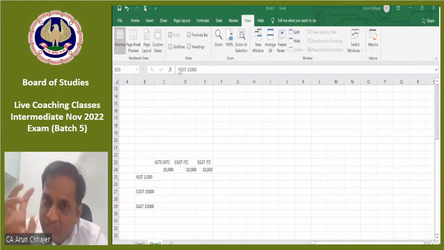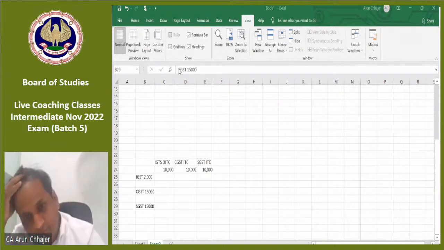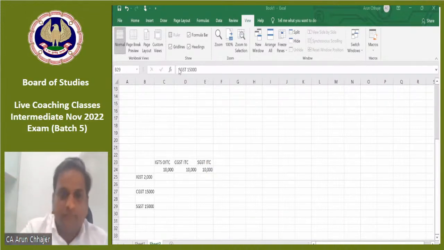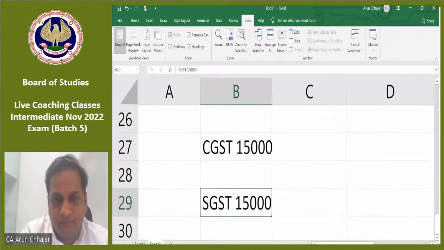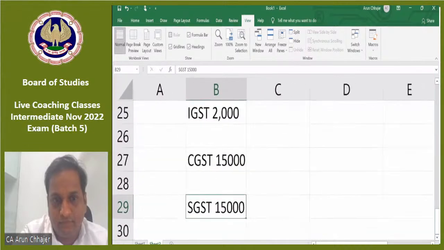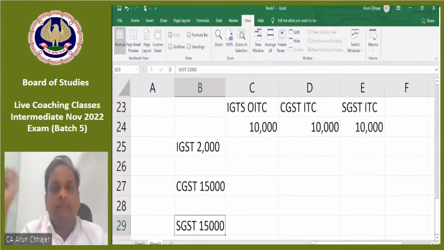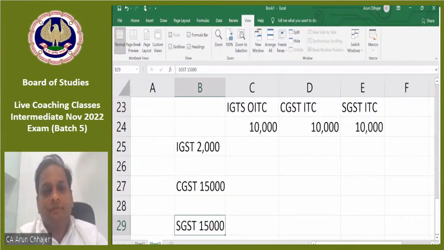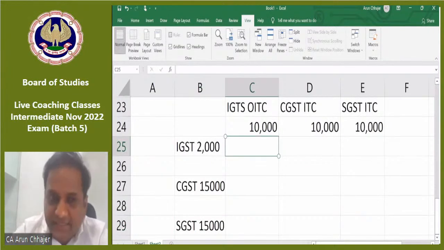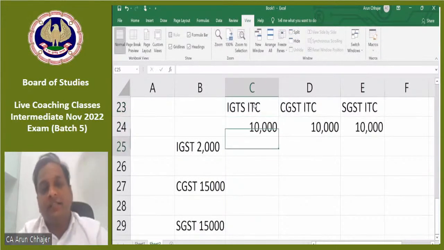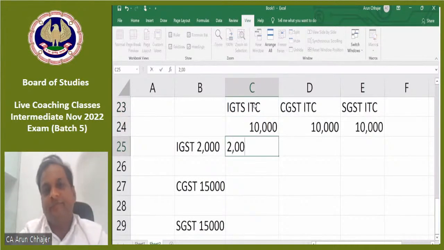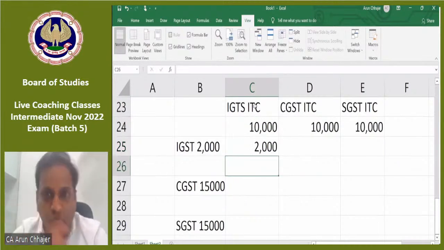Which account will it go to first? The answer is first to IGST. Very true. First to IGST.